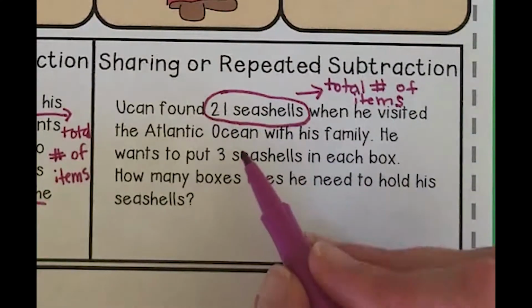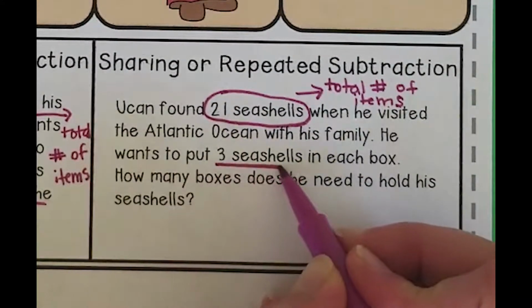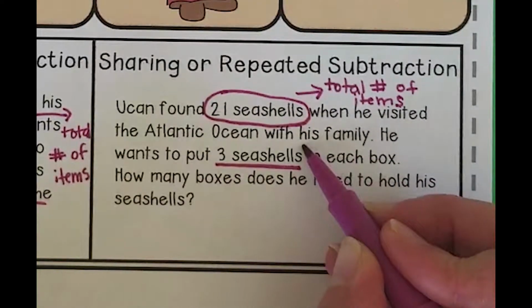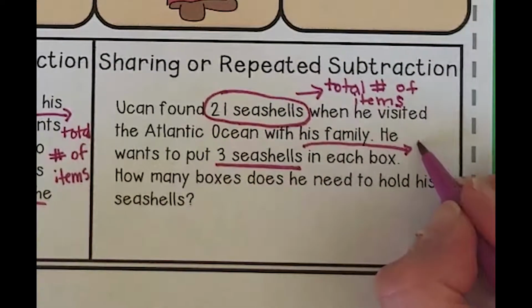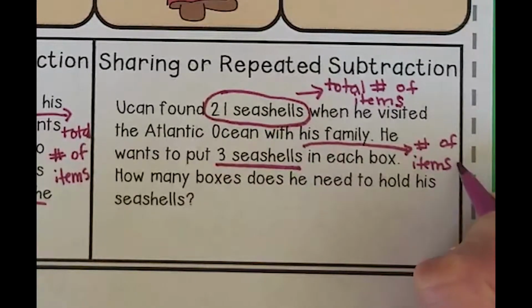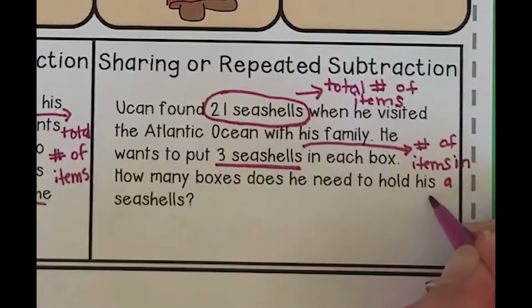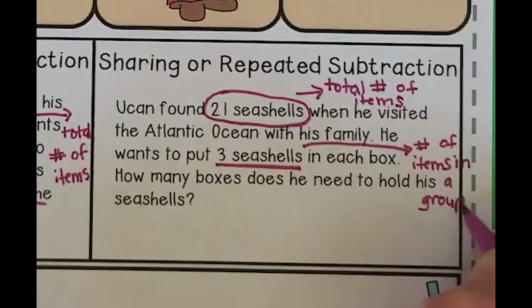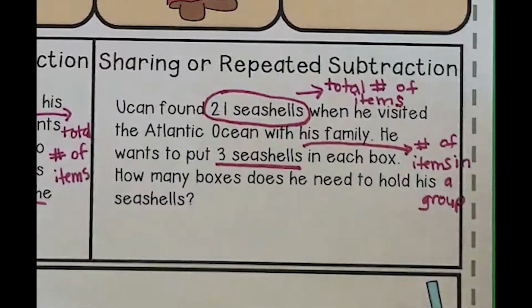So we know the number of items in a group. We know the number of items in a group too. What we don't know is how many groups he's going to get.